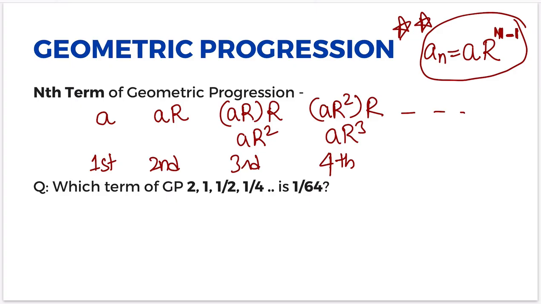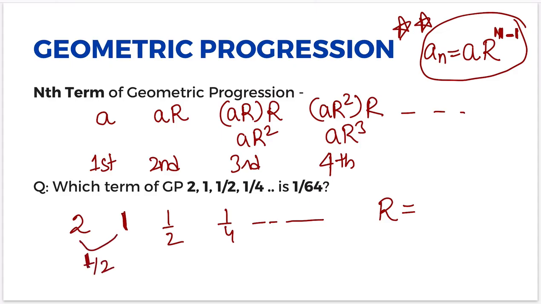They have given you a series: 2, 1, 1 by 2, 1 by 4, and so on. First thing, is it a geometric progression series? What do we need to find? The common ratio. How do you find the common ratio? By dividing the second term by the first term. Between the first two terms, 1 divided by 2 is 1 by 2.